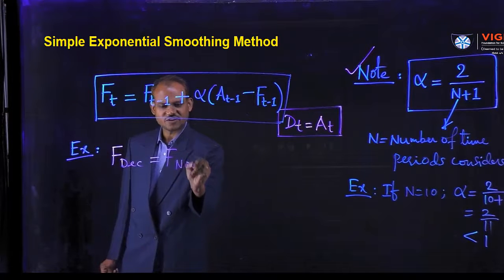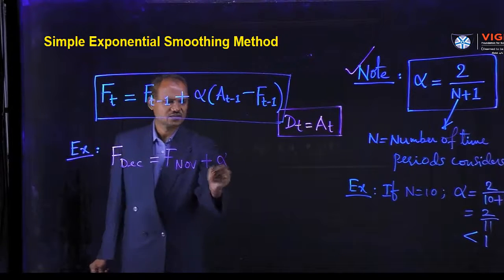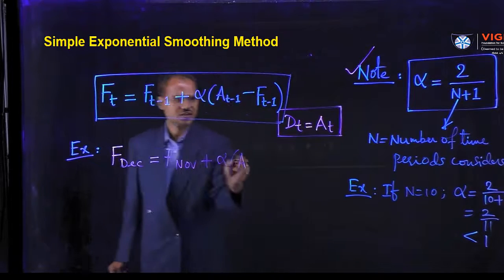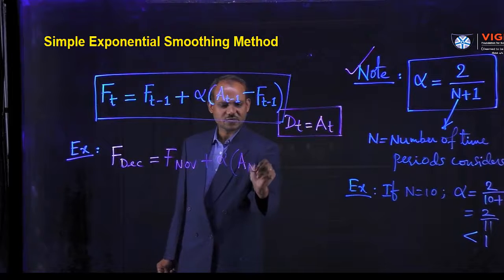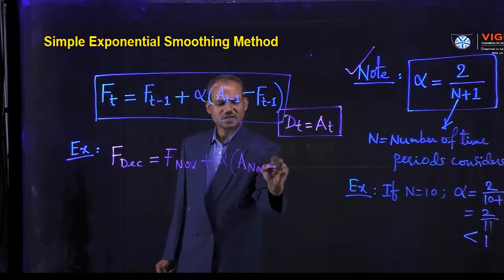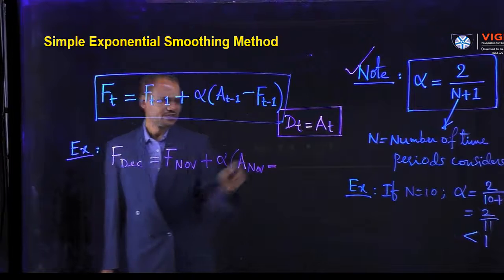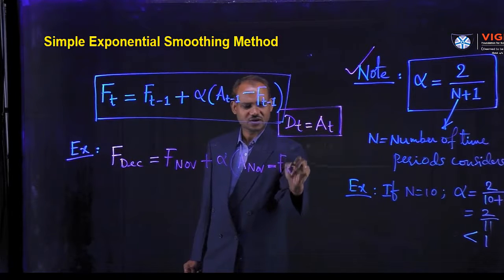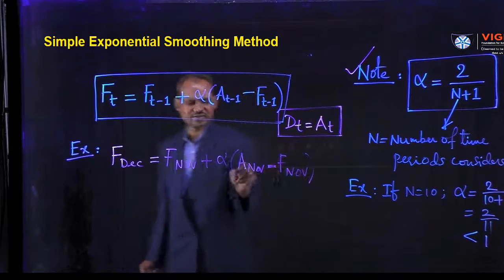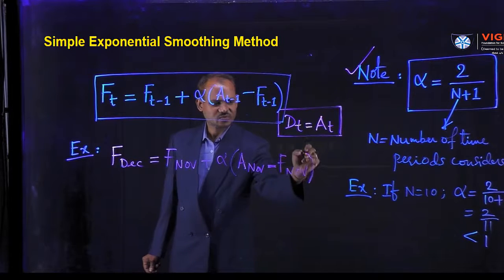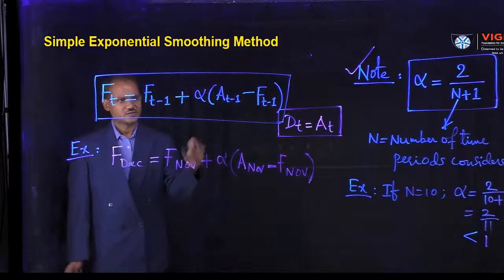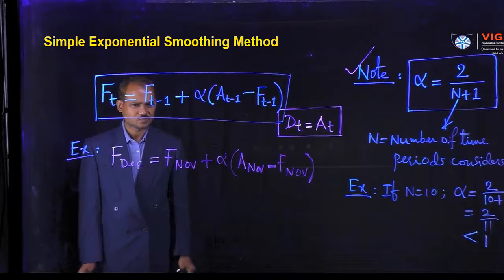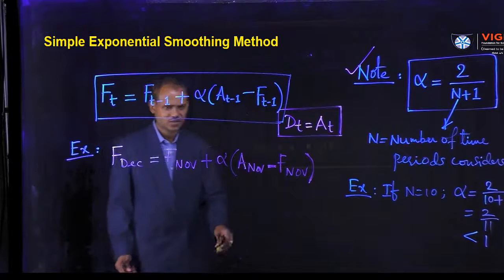Forecast for November plus alpha into actual value of the previous period, November, it may be demand or sales, minus forecast value of November. So this is the example. You can guess similarly for any type of period like this.